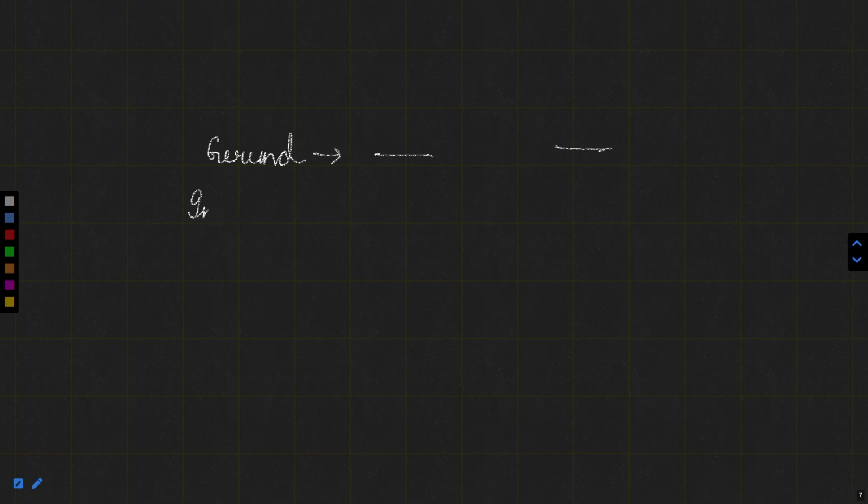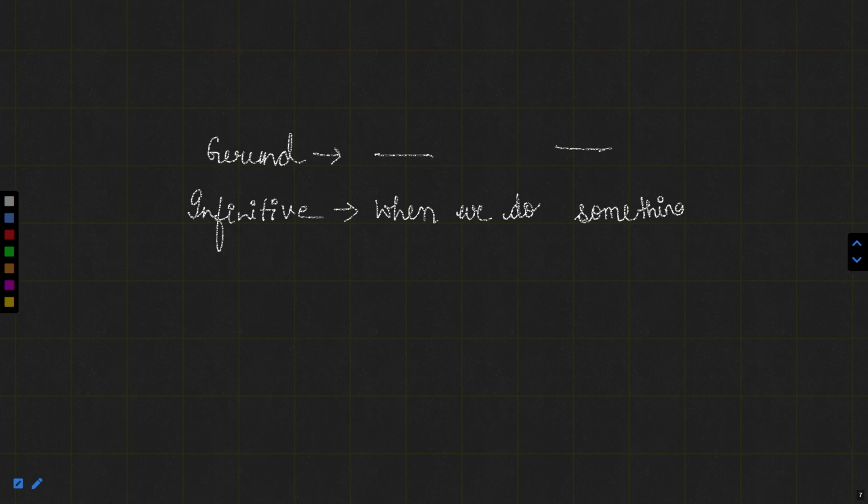But if we have an infinitive, we should have some situation, that is, when we do something, to do something, as I told you in our earlier session as well. This structure shows that this is infinitive.